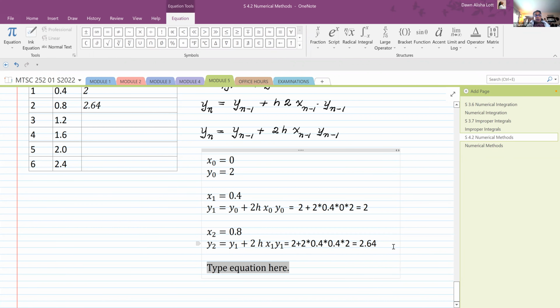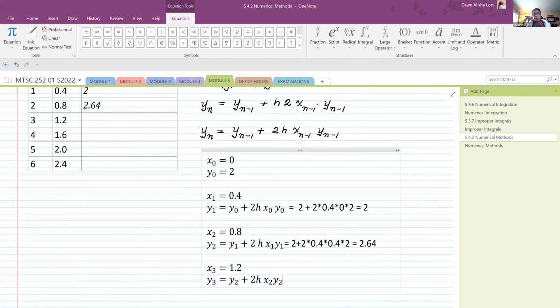All righty. x3 is 1.2. y3 is y2 plus 2 times h times x2 times y2.